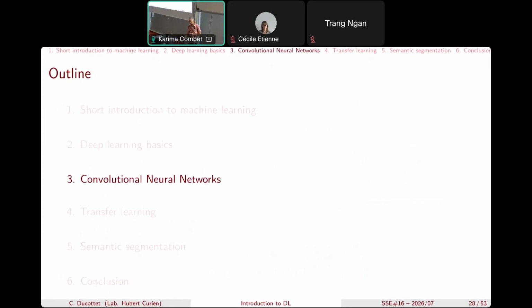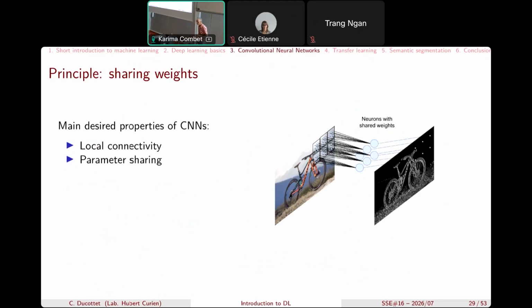When we process images, we prefer to have what is called local connectivity around the neuron and also parameter sharing. So I try to make an image of that. Instead of having a neuron connected to every pixel of the image, which means that the output here will depend on the whole image, okay? And the output of this one will also depend on the whole image, and so on. Here, I don't want that.